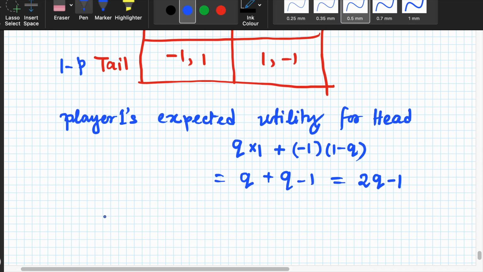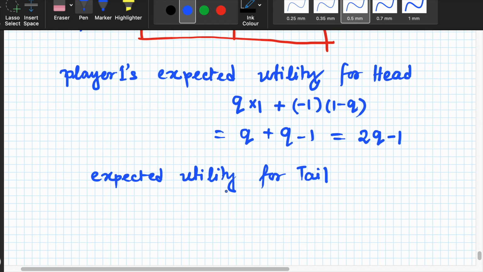And similarly, what is the expected utility for tail? That is q times minus 1 plus 1 minus q times plus 1, so that will be 1 minus 2q.